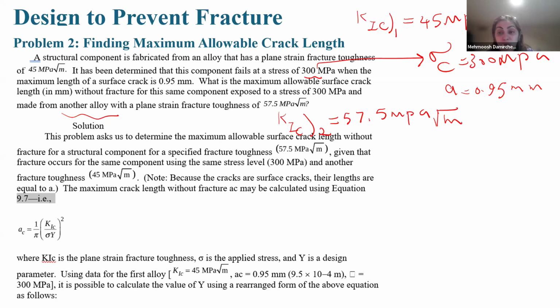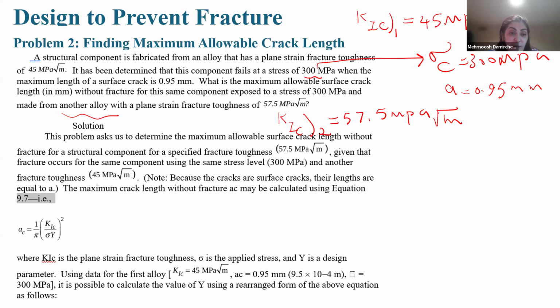For the second problem, a component fails under a known stress when the surface crack reaches a certain size, and we want to determine the maximum allowable crack length for a similar component made from an alloy with higher fracture toughness. Why? Because you see that the fracture toughness for the second material is 57.5 megapascal compared to 45 megapascal. What should we do here?